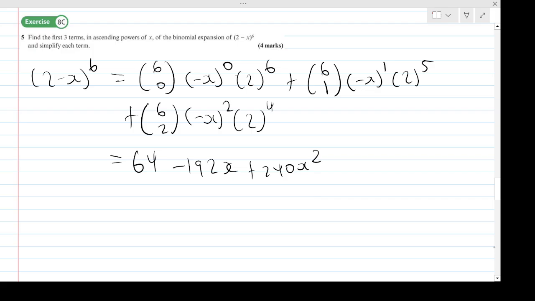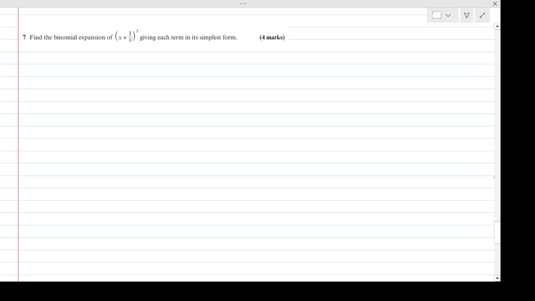So ascending powers of x means the powers of x increase in each term. So that was x to the 0, which is obviously 1, so no x there, then we have x to the 1, then we have x squared. Okay, so the powers of x are going up, but that's the whole idea of this method. It's designed to go like that anyway. So that's the question.